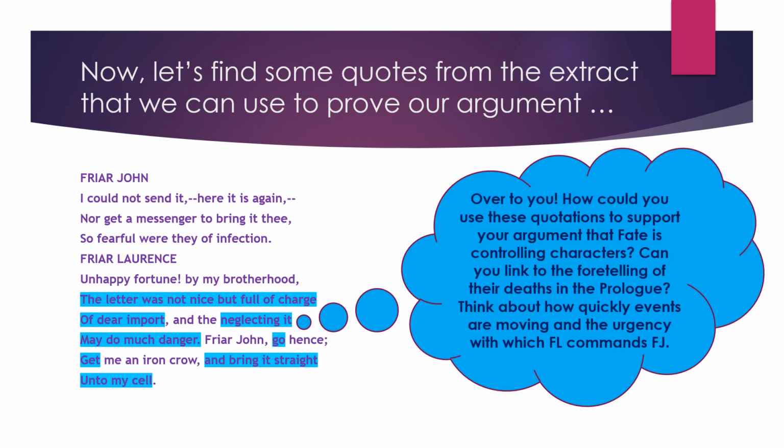Think about how you could use these quotations to support your ongoing argument that fate is controlling characters. Also, consider whether you can link these quotes back to the foretelling of their deaths in the prologue. And also consider how quickly events are now moving and the urgency with which Friar Lawrence commands Friar John.